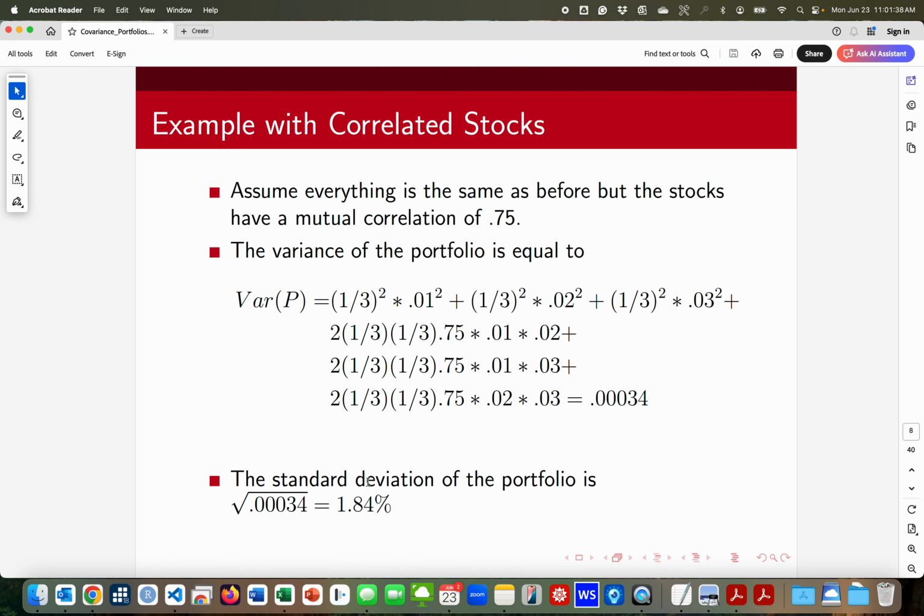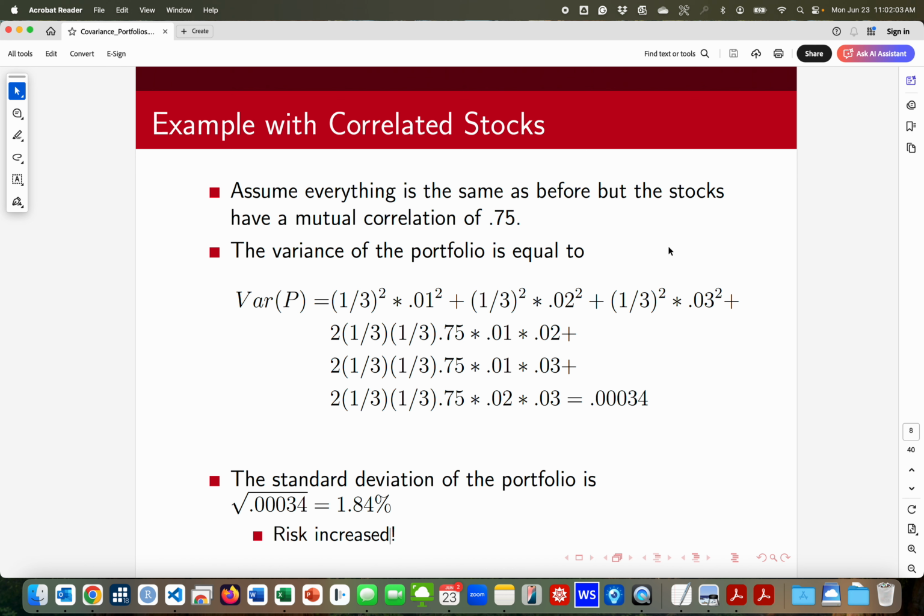So when we have positively correlated components in the portfolio, again, we're assuming mutual correlation here, the overall risk increased. And that's because if anything happens to one stock, it's going to happen to all of them in the same direction. So if one goes up, they all go up.